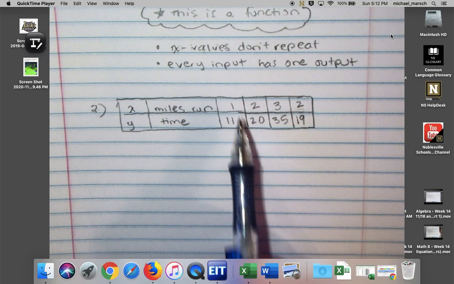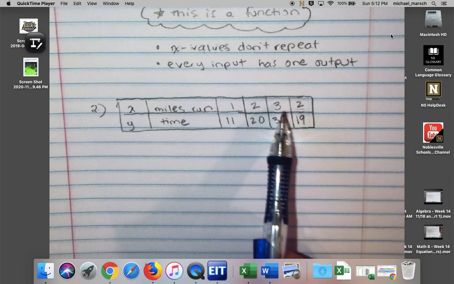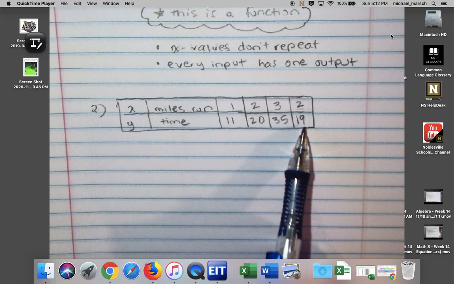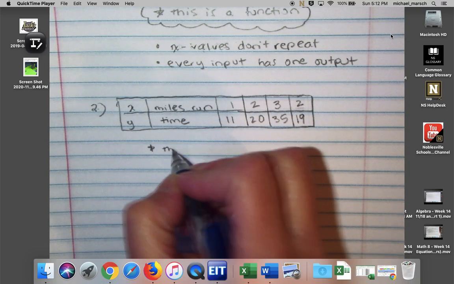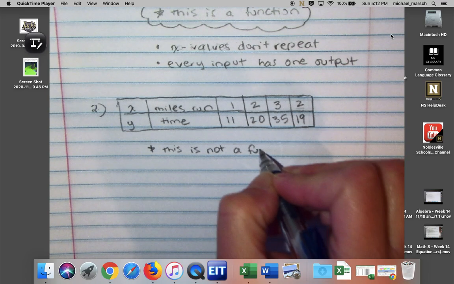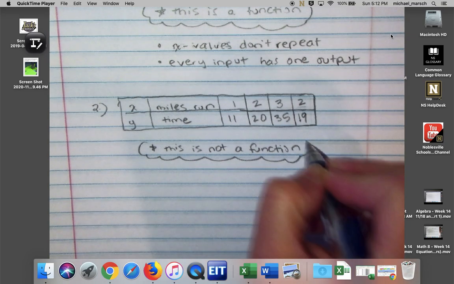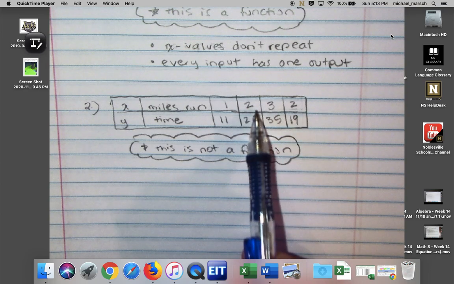So on the first one, you ran a mile in 11 minutes, then you ran 2 miles in 20 minutes, 3 miles in 35 minutes, and the next day you only had time for 2 miles, but you were able to improve your time, and it only took you 19 minutes, okay? So this is not a function. And I'm hoping that some of you are picking up on this. The reason this is not a function is because you have two inputs, right?